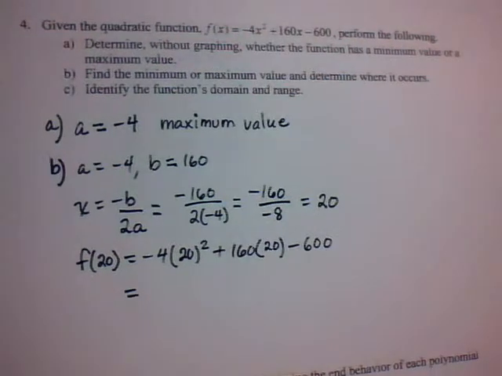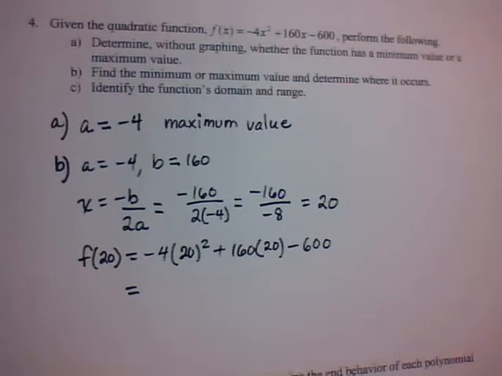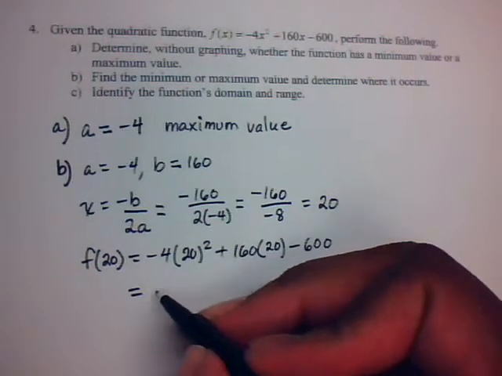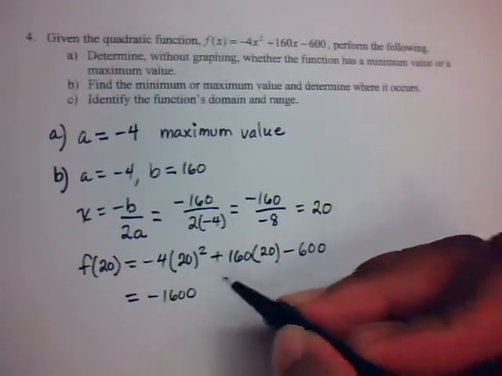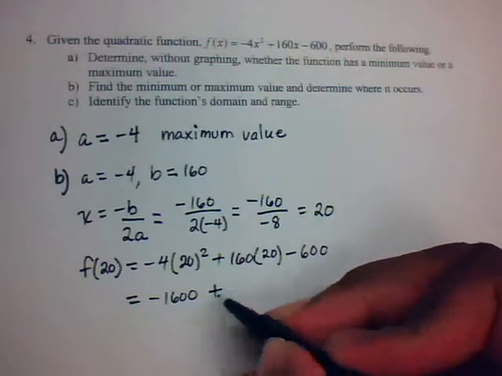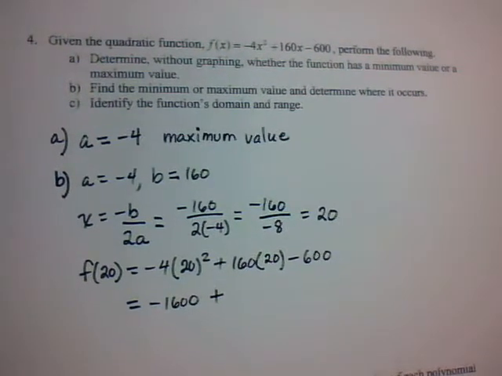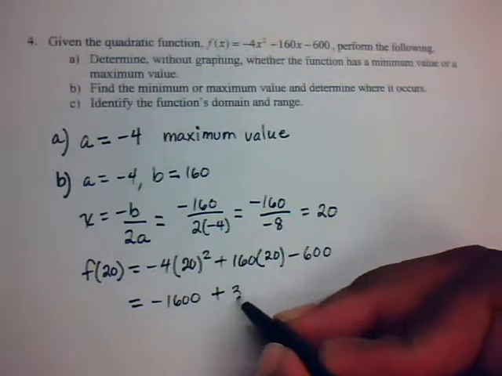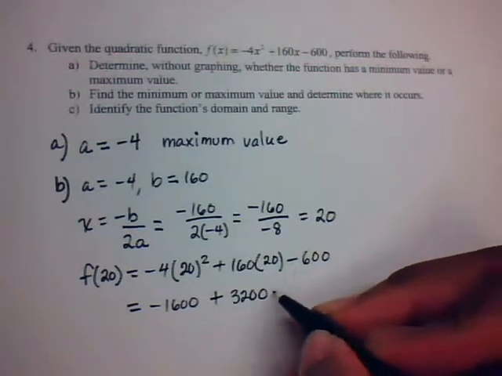Now let's simplify this. 20 squared is 400. 400 times negative 4 is negative 1600. Plus 160 times 20, that's 3200, minus 600.